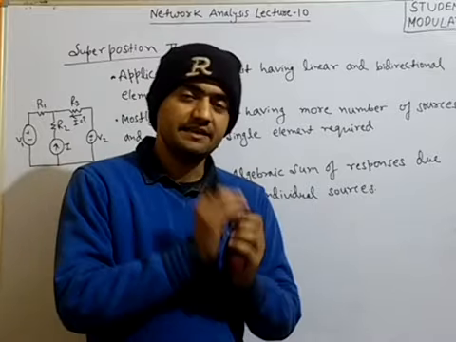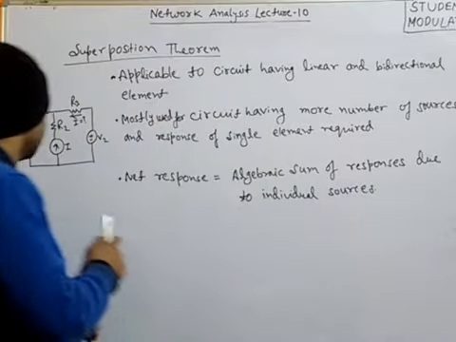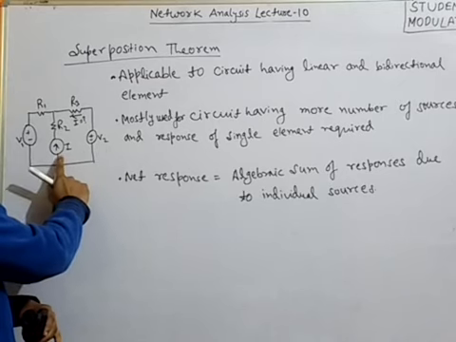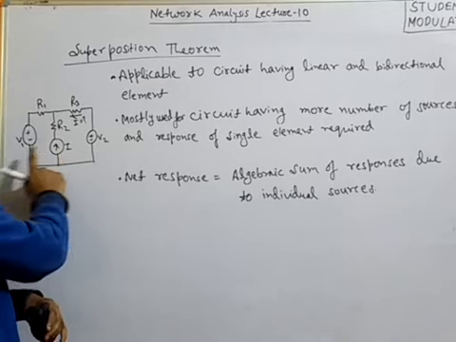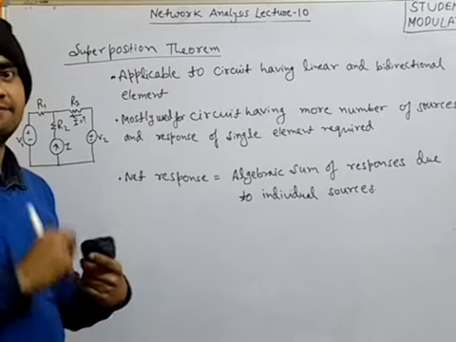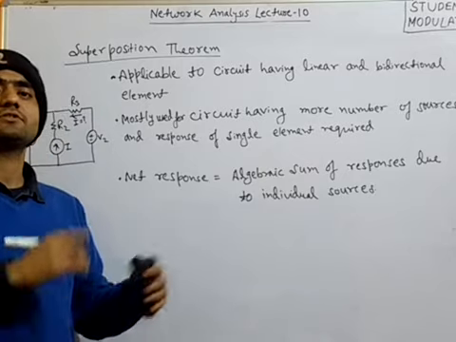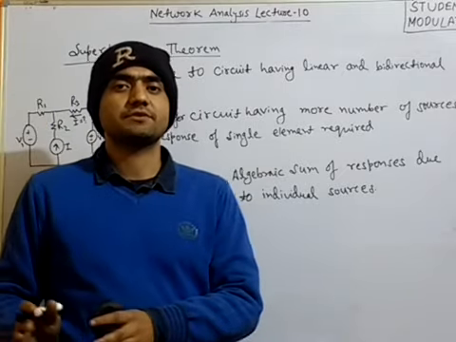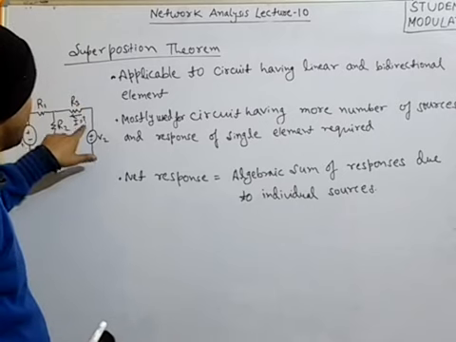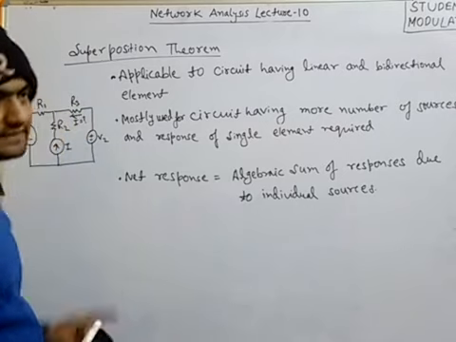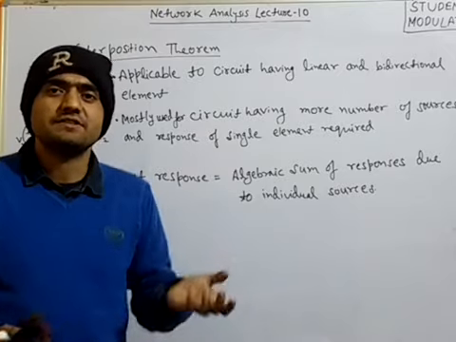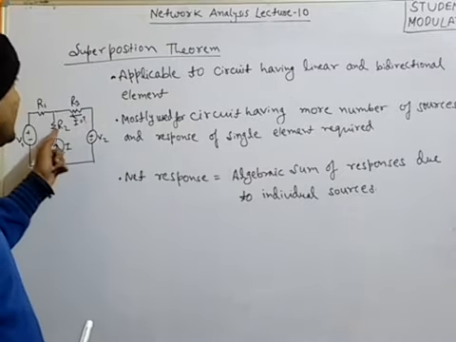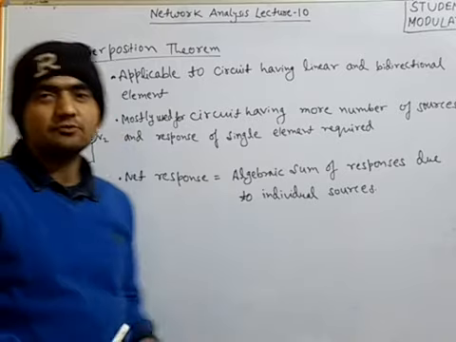For example, here we have one voltage source V1 and another voltage source V2, and a current source I. If we have a circuit with more sources and only the current through R3 is required, the response, which may be either voltage or current, is required through only a single element, then we will mostly use the superposition theorem.